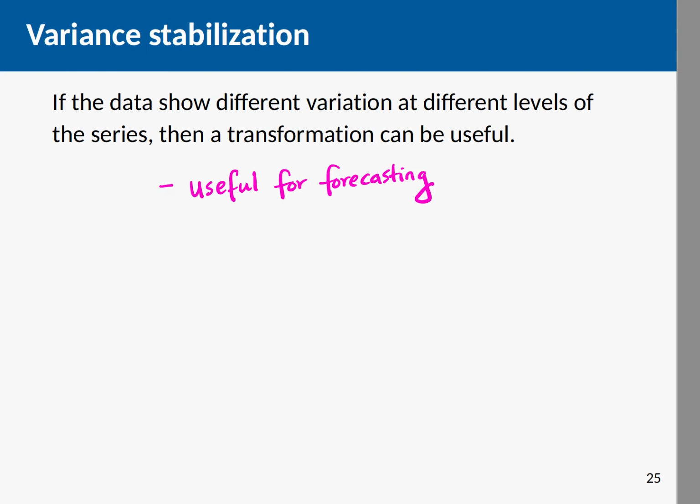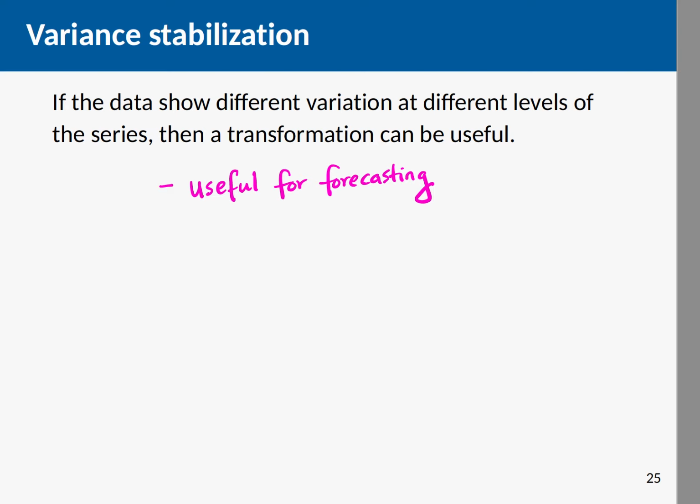The idea behind doing any type of transformation is to stabilize the variance across time. You're familiar with the phrase covariance stationary time series. We've talked about that. Now we want to try to stabilize the variance of a time series, and this is useful again because it helps us forecast.